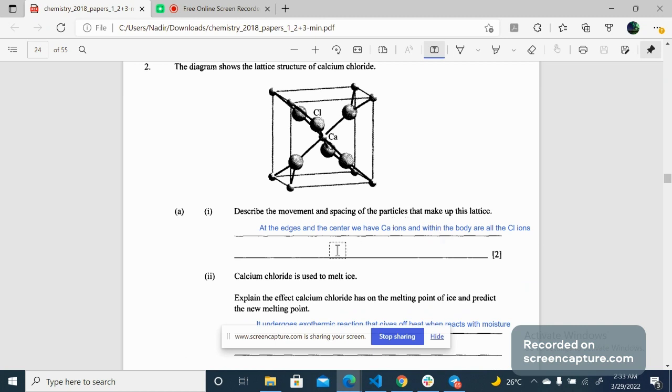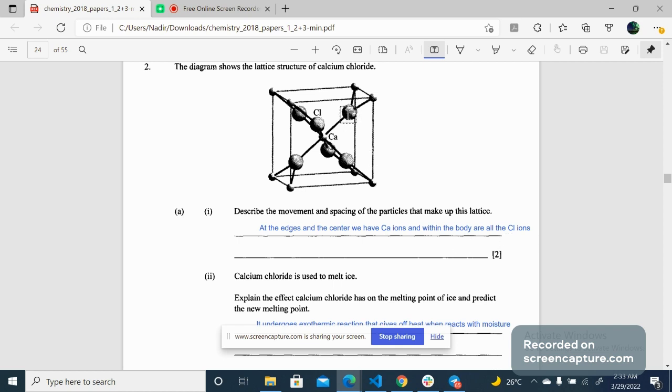So what we can say in answering this question is that at the edges, as I told you, these are the edges, you can see these corners, and at the very center, the circles are smaller. Elsewhere, they are bigger. The smaller ones represent calcium ions, and the bigger ones represent chlorine ions.